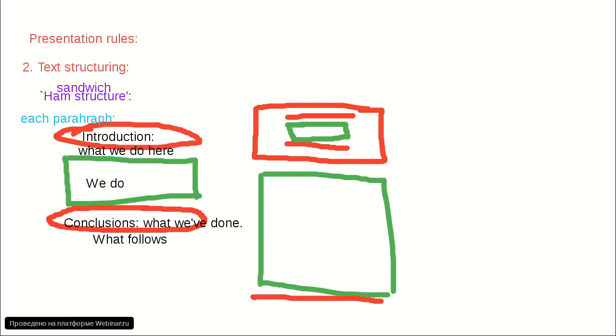And you have this conclusion part. And each of them is also a small sandwich.